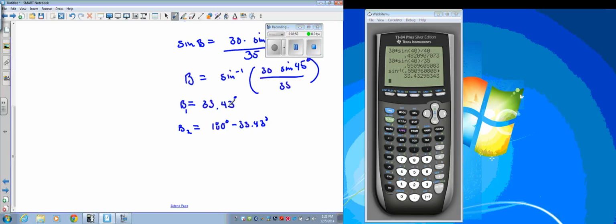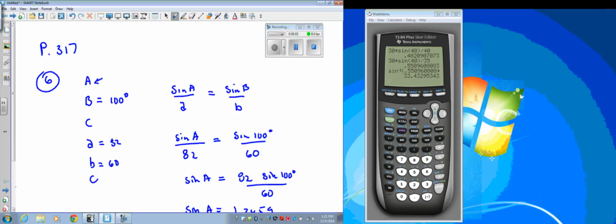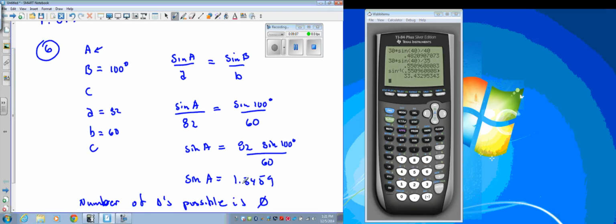That's the other angle that would have that same sine. Because for the previous one, there's no such thing. If I tried to do sine inverse of that, it would give me an error because sine of an angle cannot be greater than 1.